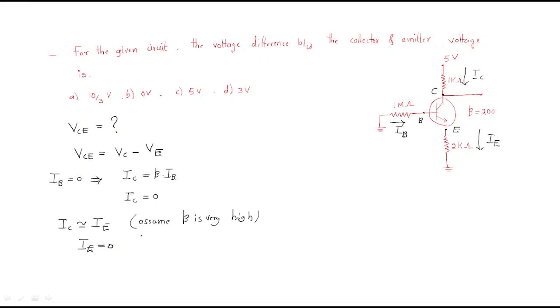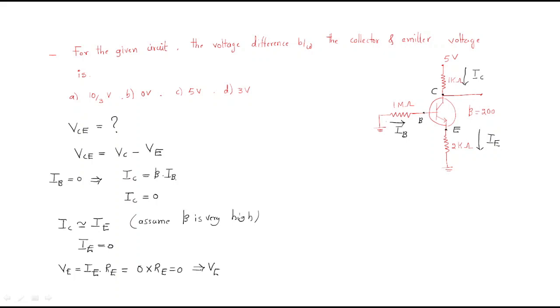And we can find out the drop across this point. What is the drop across this point? This point voltage equals the voltage across the 2 kilo ohm resistor. So I will write VE equals IE into RE. IE is 0, so it becomes 0.